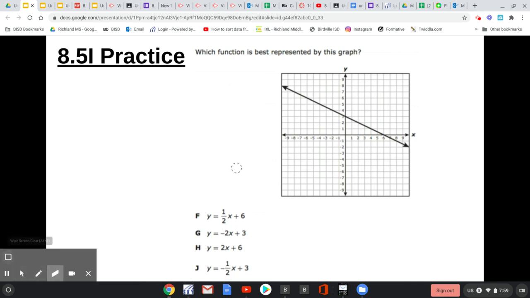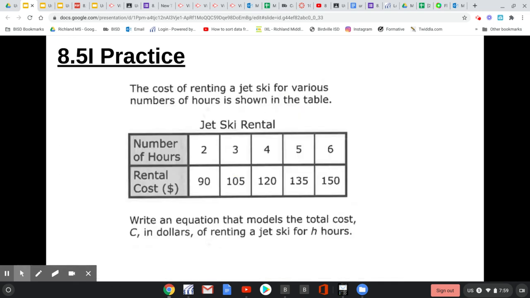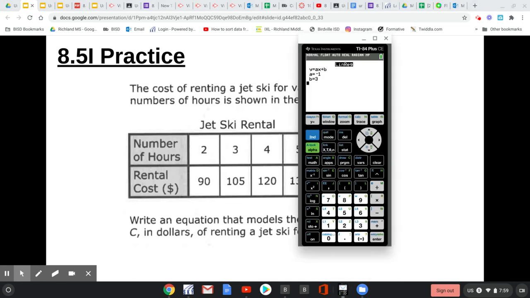Let's do another one. Okay, they want us to write an equation for the jet ski rental. So we're going to use our table. We're going to put the calculator back up. We're going to hit stat, enter.